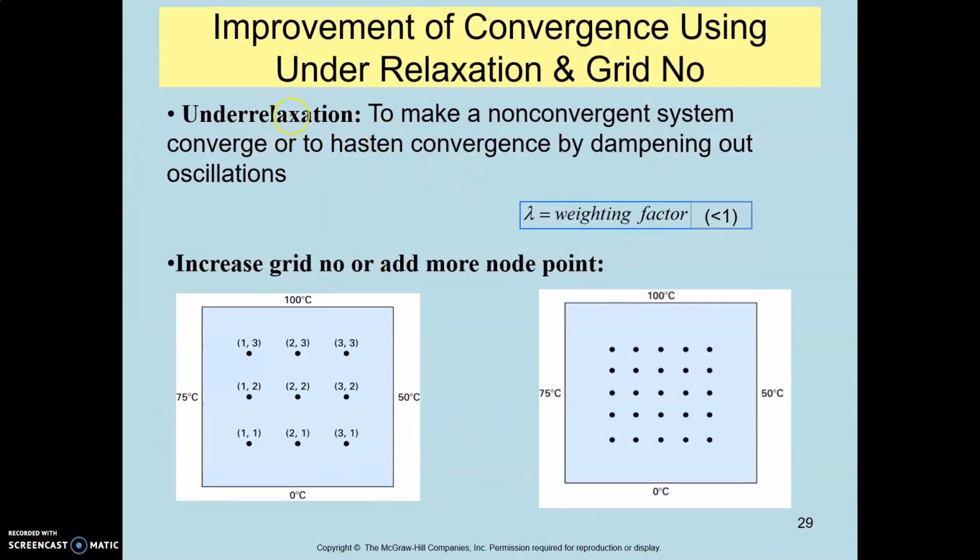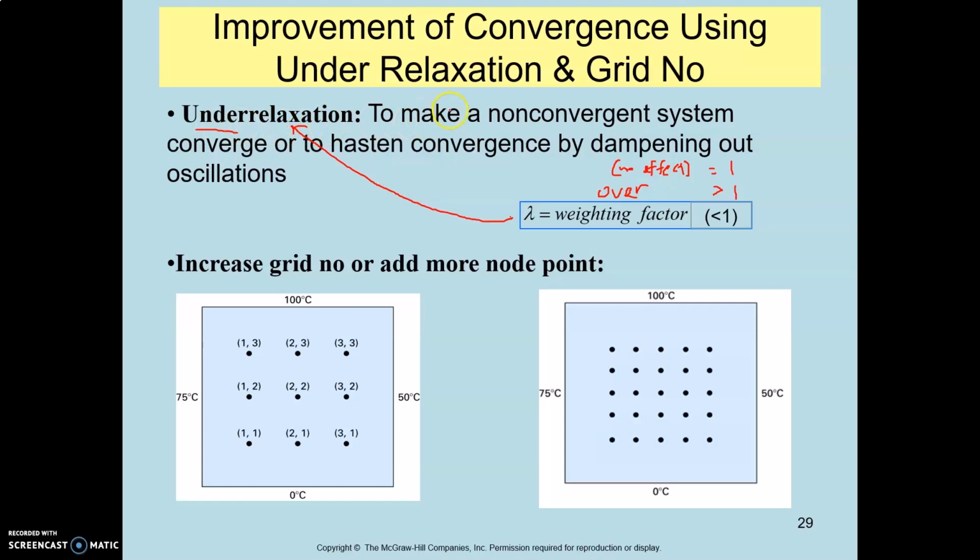These are the strategies. Instead of using the over relaxation strategy, we use the under. Previously we said that if you choose lambda as 1, it has no effect at all. If you choose your lambda to be greater than 1, this is over relaxation. In this case, we choose lambda less than 1, which is the under case.